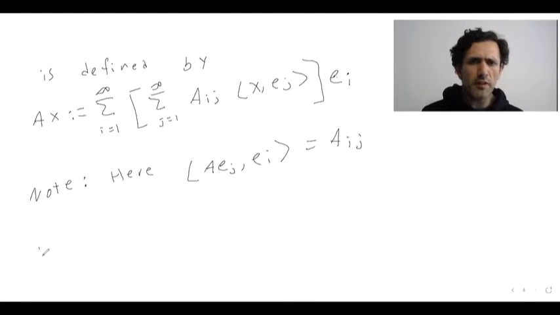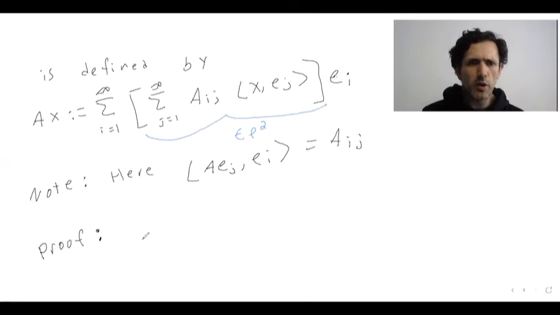So the proof is as follows. And the proof is actually just literally a clever Cauchy-Schwarz inequality twice. It's a really, really nice proof. So what I want to do is prove, first of all, that this is actually even in my Hilbert space. And we know that I can do that by showing that this here is in little L2. So that's my task.